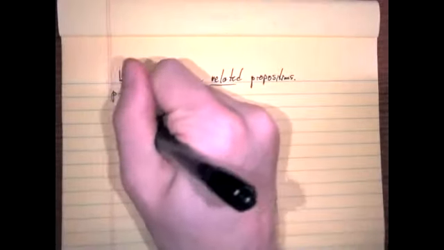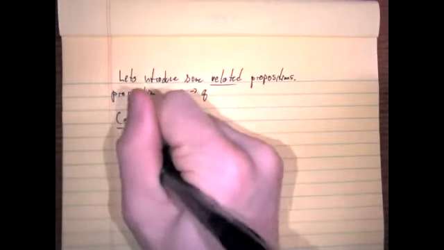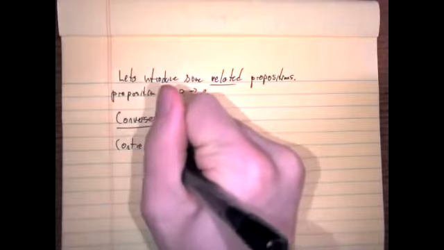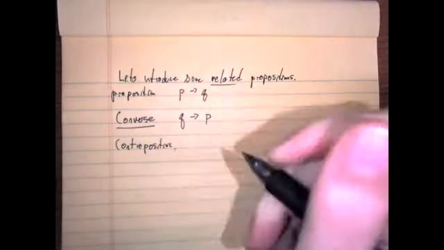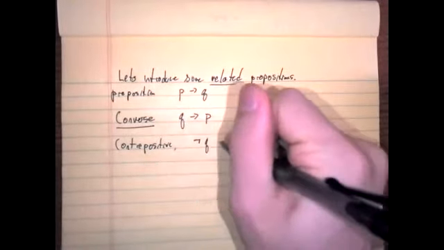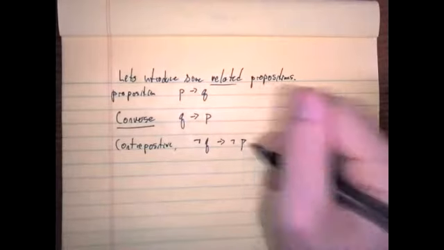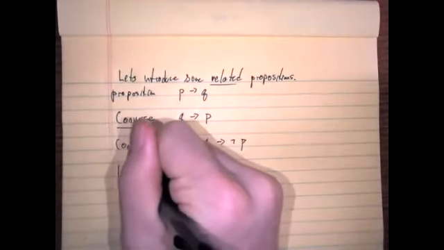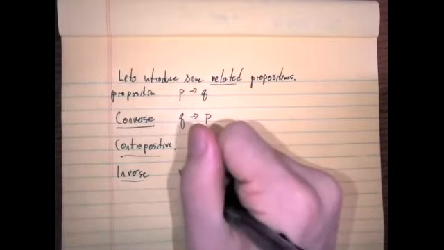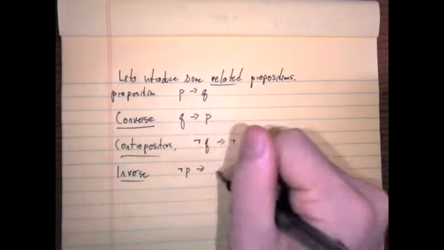There's the converse, which is Q implies P. There's the contrapositive, which is not Q implies not P. And then there's the inverse, which is not P implies not Q.